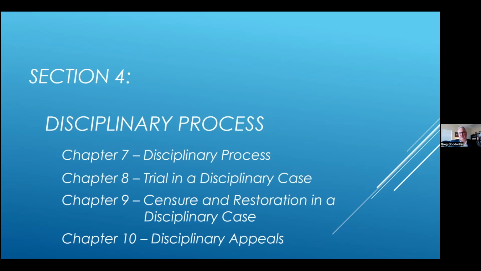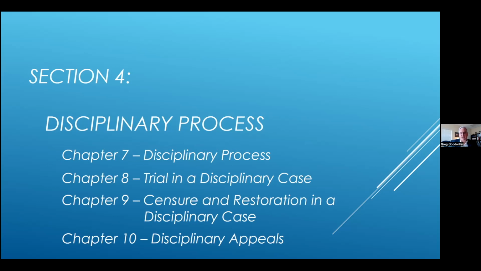Disciplinary process has the same 3 kinds of chapters that remedial had, plus one more. There's a disciplinary process, which is the whole preliminary part that is very different than how remedial worked. Then the trial part, which is very similar to how remedial worked.